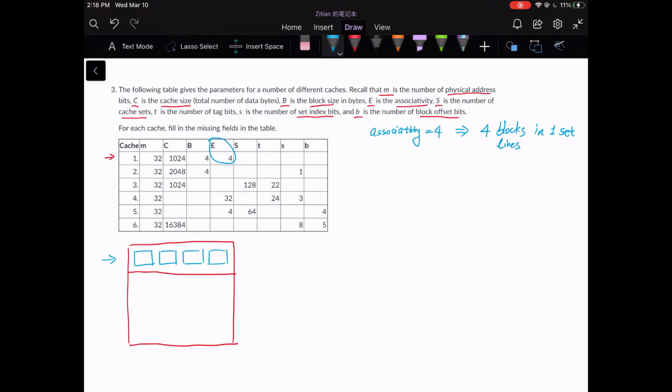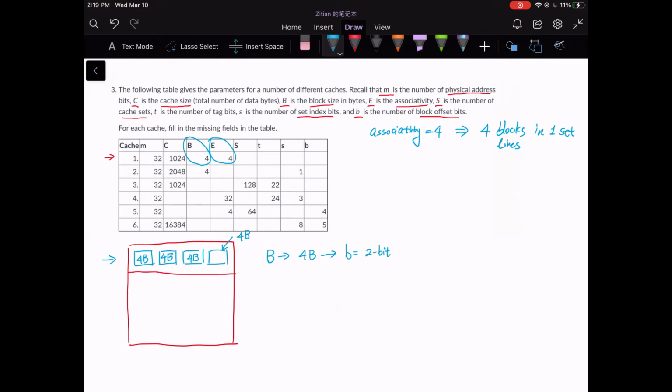And we do know the block size. The block size B is equal to 4, so each of them is 4 bytes. So 4 bytes, 4 bytes, 4 bytes. Because we know the block size B is 4, what can we know? We can know the small b is 2 bits.